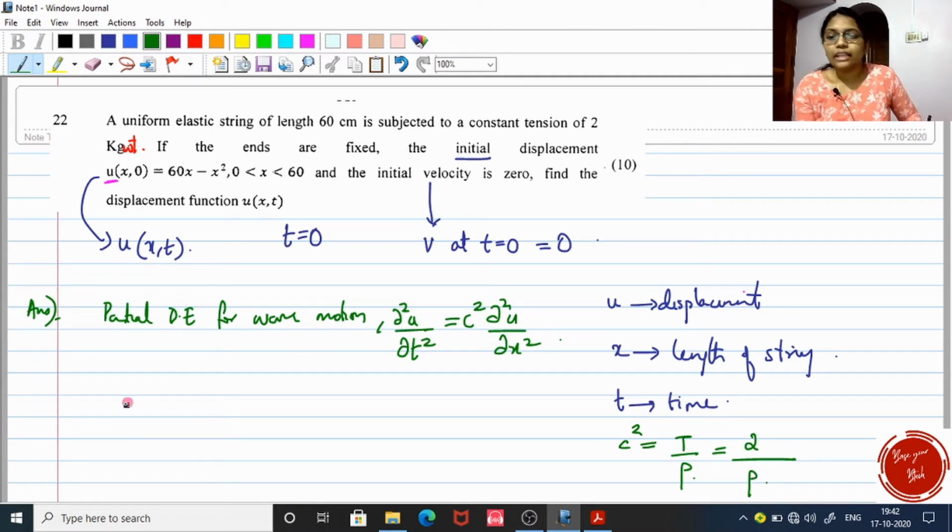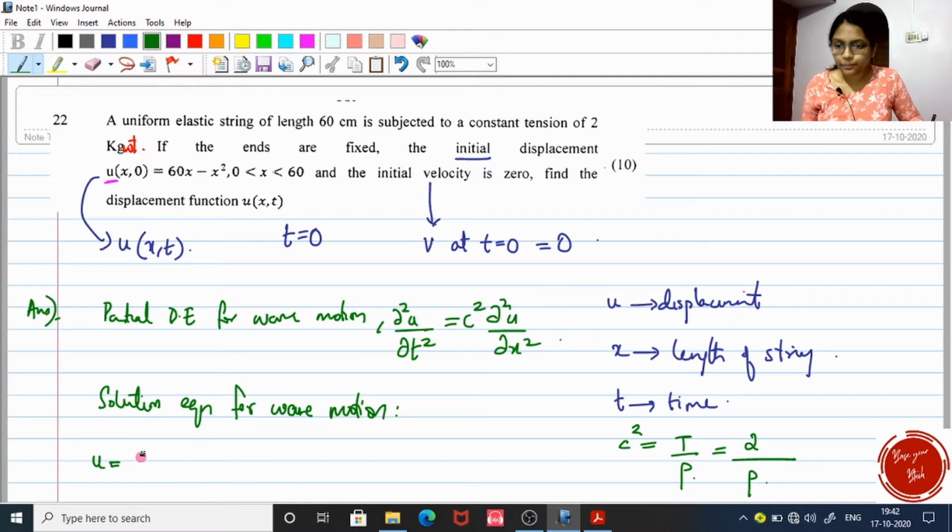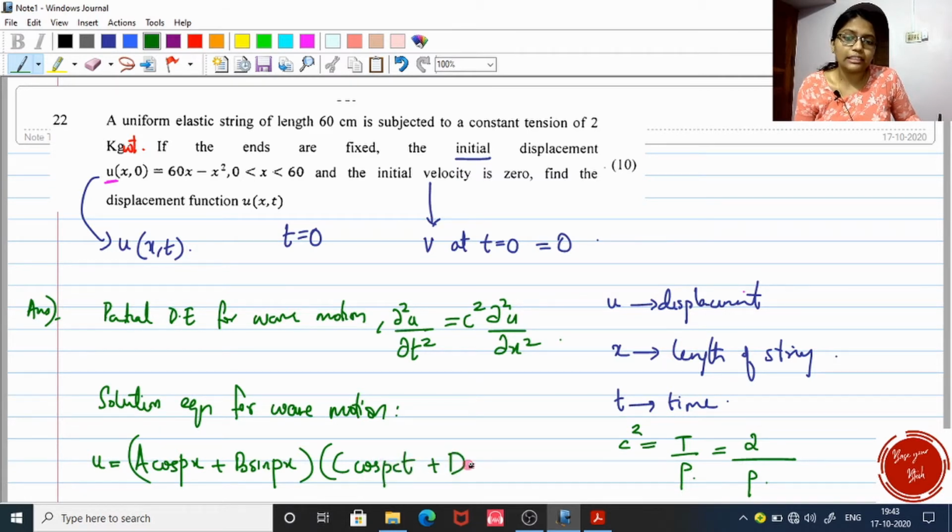Now the next thing is the solution equation for wave motion. Actually, this equation is very important, from which we proceed to answer. u is equal to (A cos px plus B sin px) whole into (C cos pct plus D sin pct).